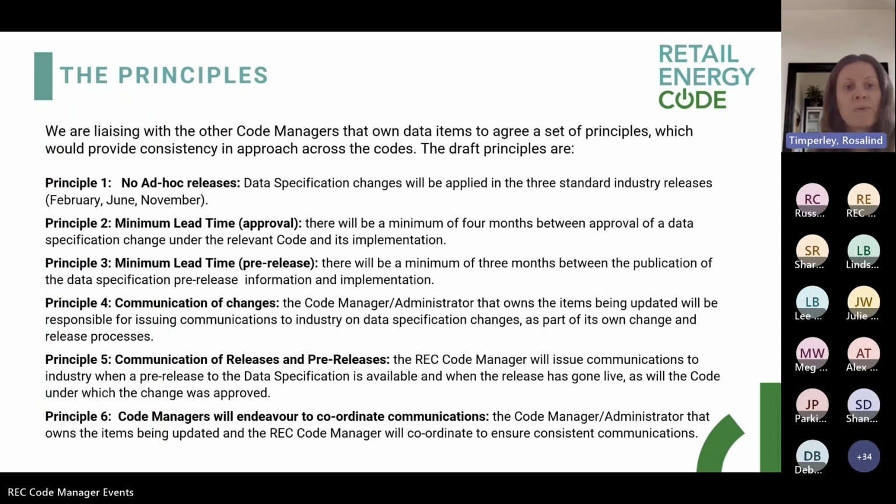These are principles, so there's no intention that they'd be built into the codes and become mandatory, but they'd rather steer the decisions made and the actions taken by the various code managers to give consistency for parties. So you'd know that you'd have at least 3 months between the pre-release for a change being published and the code change going live. So that's the implementation window there between that period.